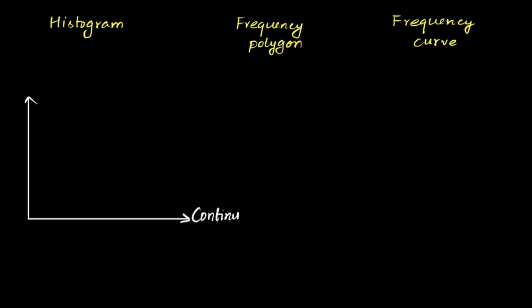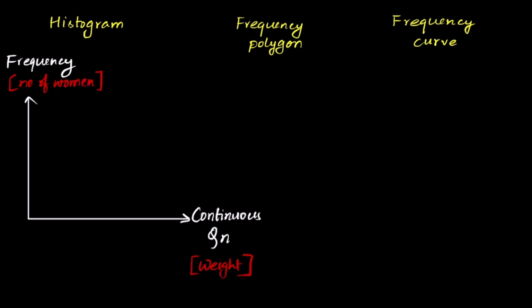On y-axis, you'd keep frequency. Let me give you an example. Let's say weight. You put weight on x-axis and number of women is the frequency on y-axis.